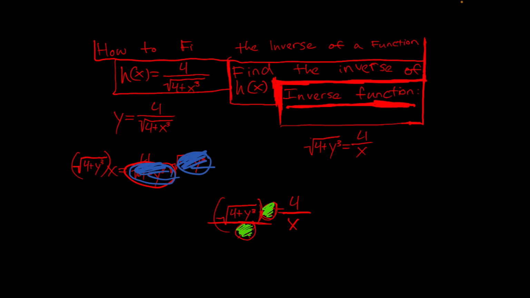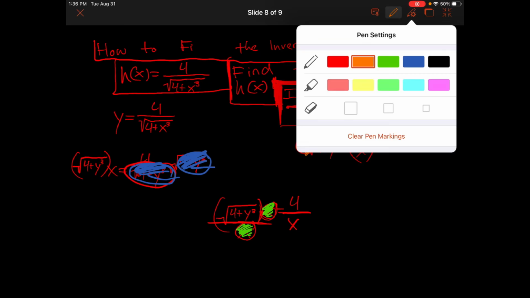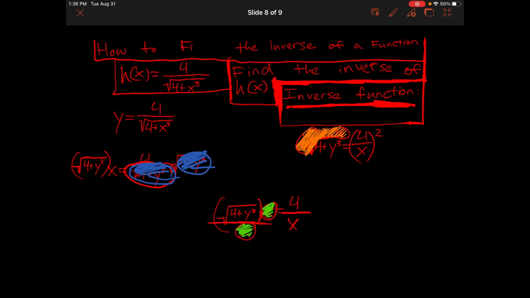And now we want to get rid of this square root sign. So what we're going to do is square both sides, and the exponent and the root sign cancel each other out. And now 4 squared equals 16, and x squared equals x squared.